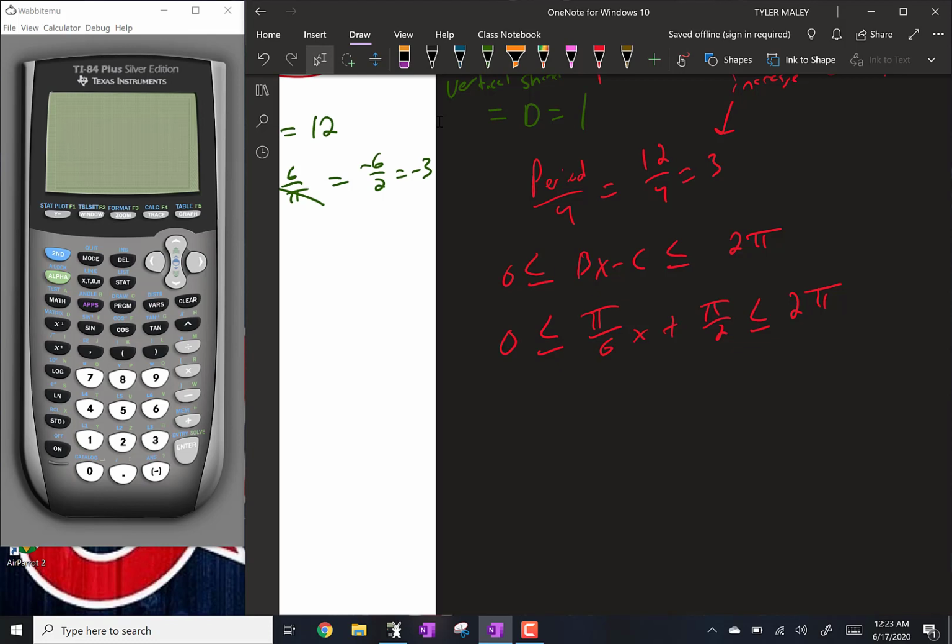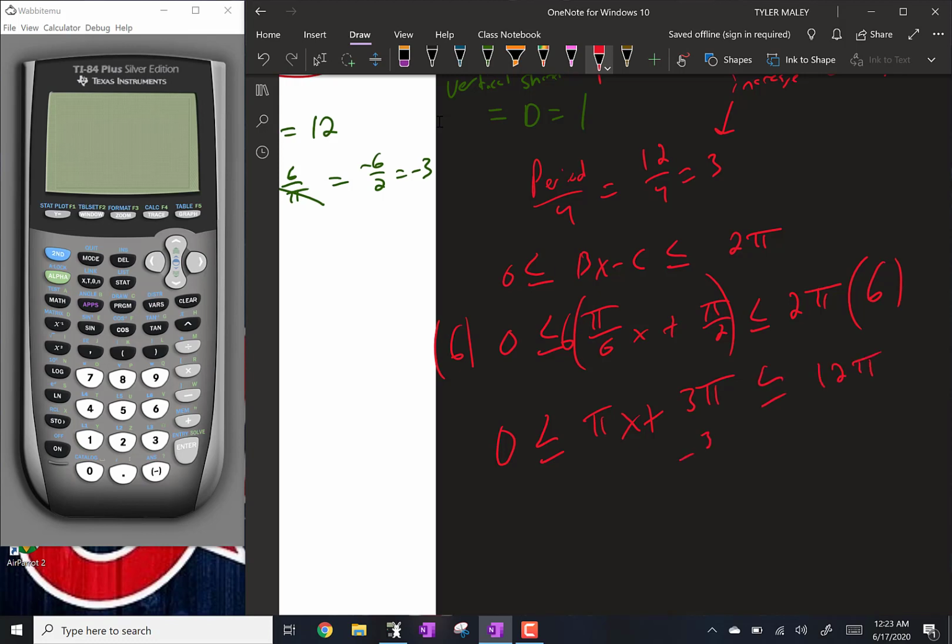So I think what I'm going to do to start with is just multiply everything times 6. Make this a little simpler. So this would be 0 less than or equal to, so 6 times pi over 6 is pi, and then 6 times pi over 2 would be 3 pi. That's an x still, right? Pi x plus 3 pi less than or equal to, so 2 pi times 6 is 12 pi.